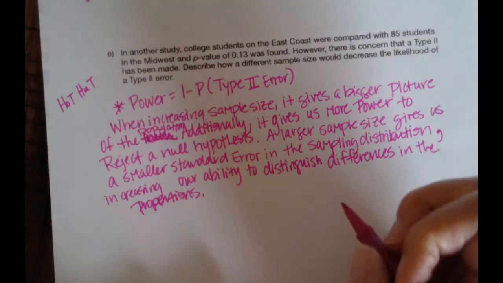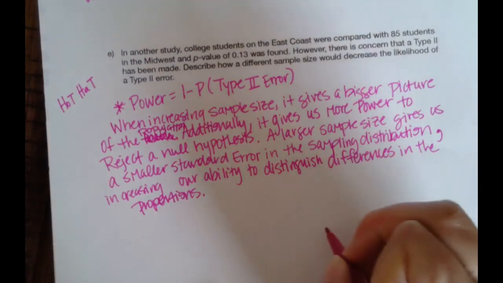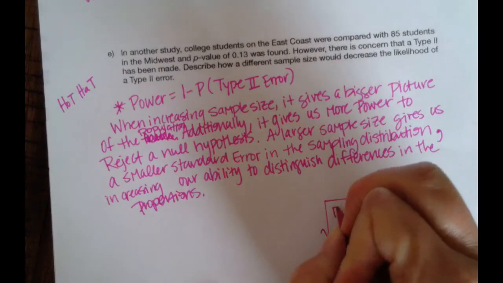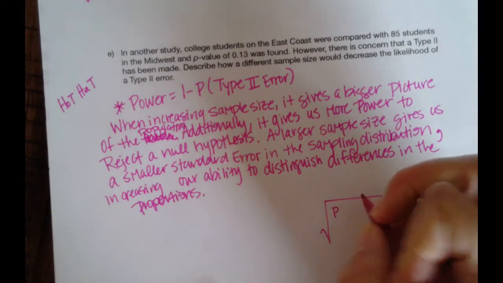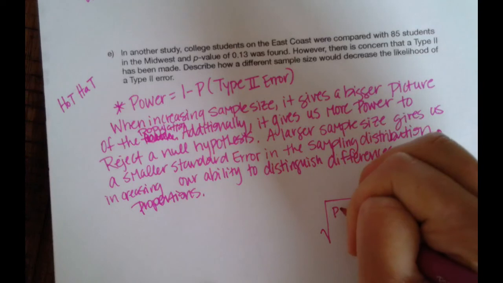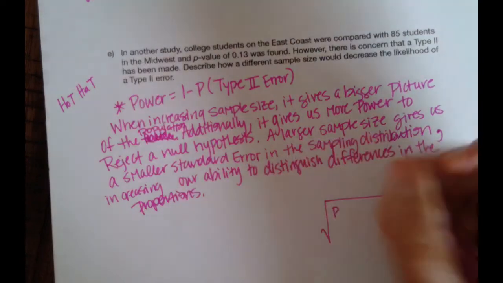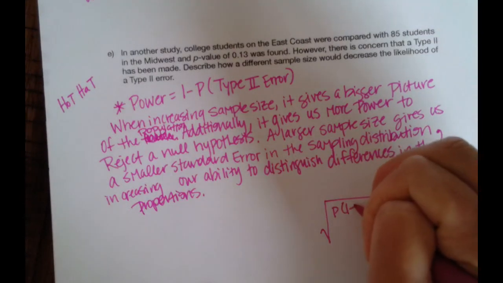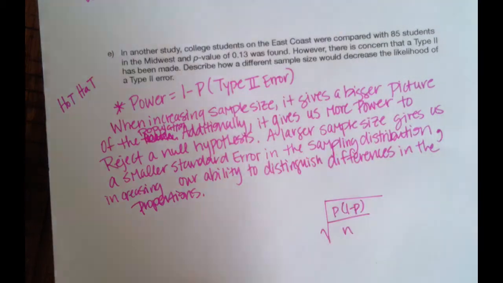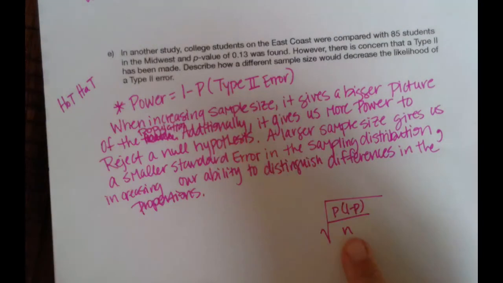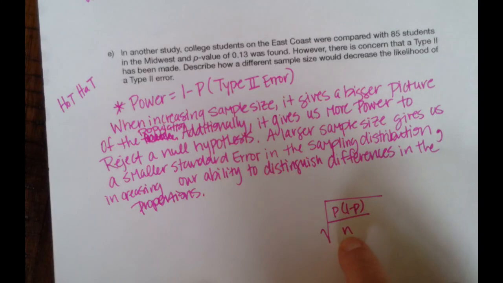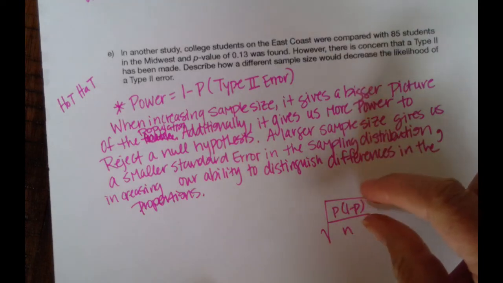So just think about it when you're doing the sampling, the standard deviation or your standard error would be the square root of P times 1 minus P divided by N. So if you have a larger number at the bottom, that's a smaller number altogether.